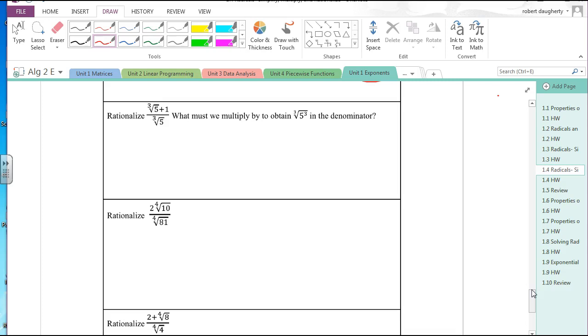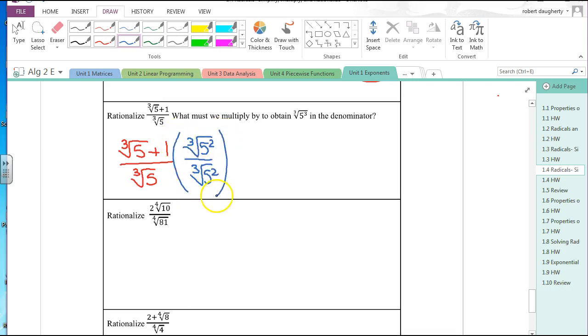So I'm going to multiply this by what? Yeah, cube root of 5 squared. So here's my original. I need to multiply by the cube root of 5 squared over the cube root of 5 squared. So my whole goal is on the bottom, I want a perfect cube.